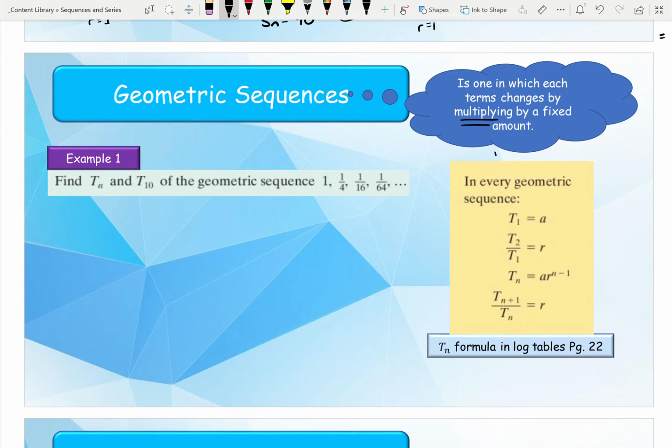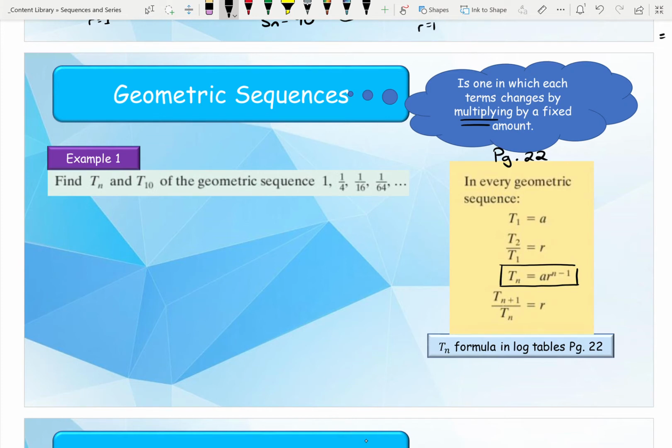Now if you go to page 22 in your log tables, again you'll see on the right hand side of the page where it says geometric sequences and series, and specifically where it says Tn is equal to a r to the power of n minus 1.